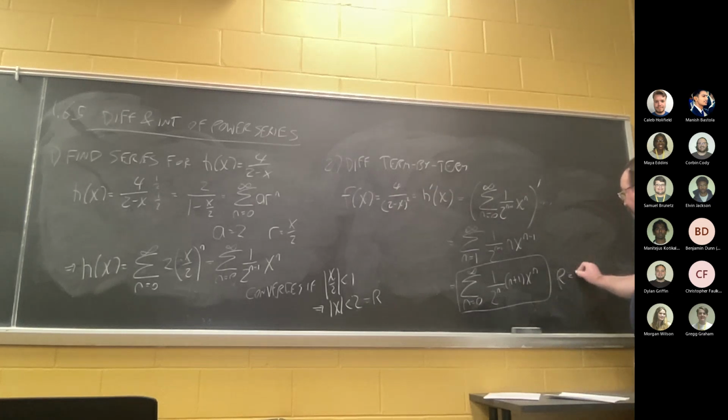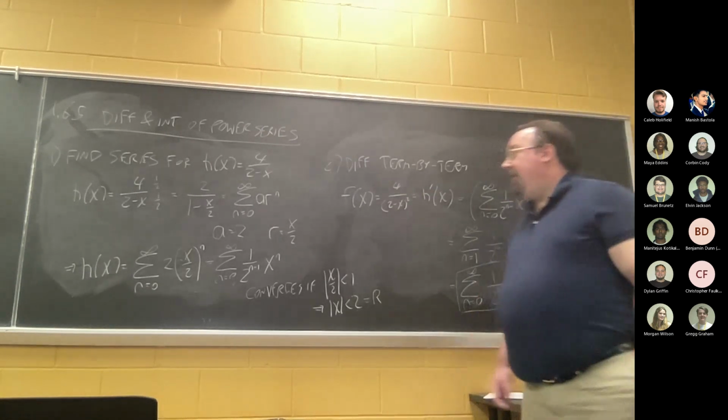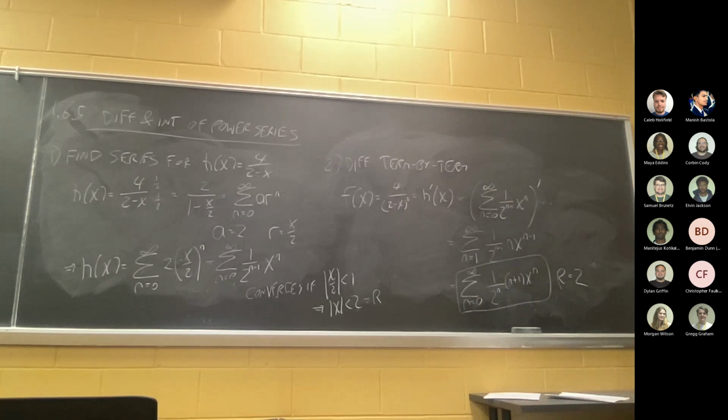So r is again 2. What we need to be careful about is that although differentiating and integrating does not change the radius of convergence, that doesn't necessarily mean that the interval of convergence is always the same. It depends on the particular series.